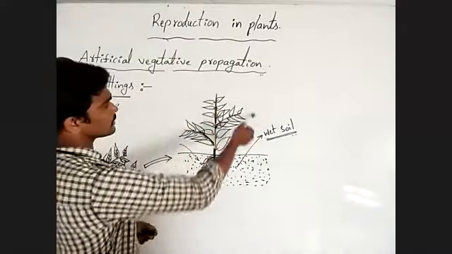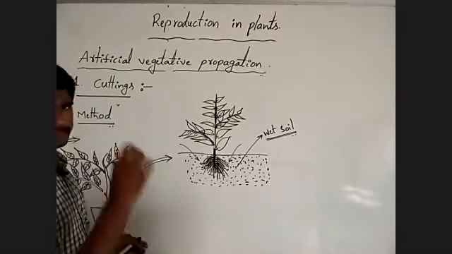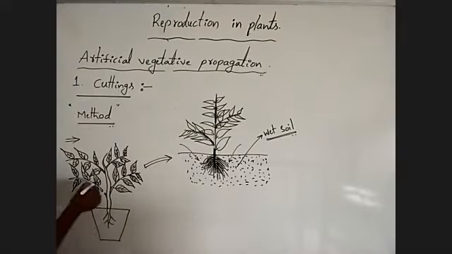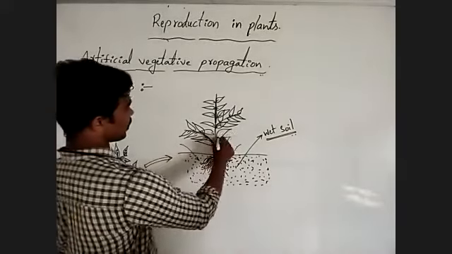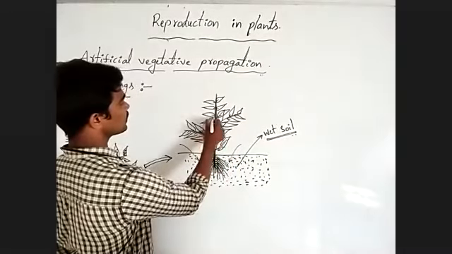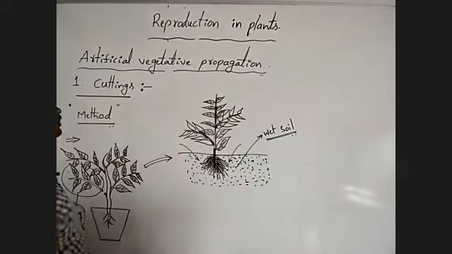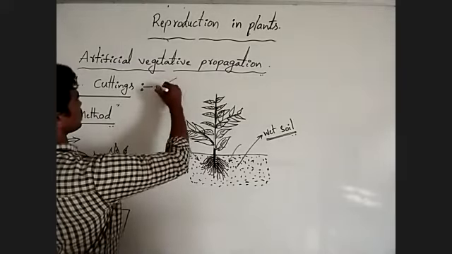Now a new plant has developed from the small cut branch, a small cutting. Observe, this is the cutting. From this cutting, a new plant has developed now. This type of method is usually called cutting.